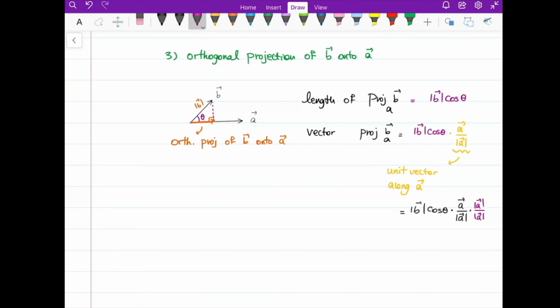Now as you see, this and that together would be the dot product.